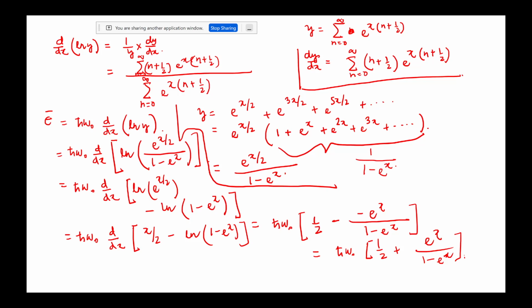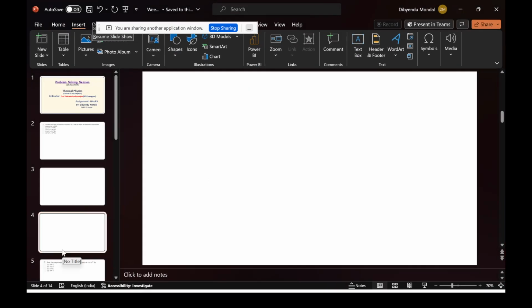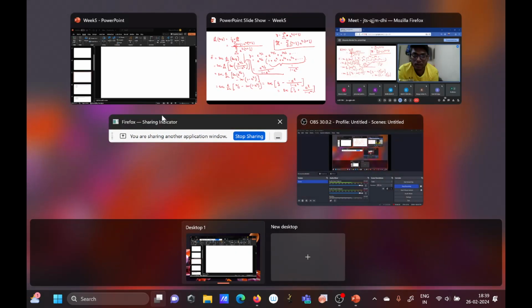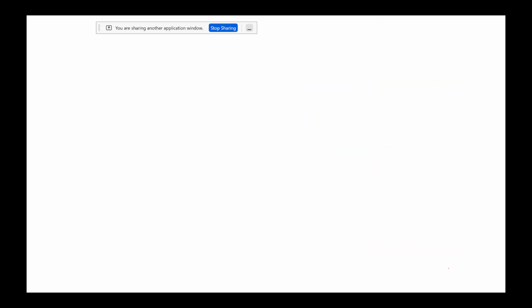Now the average energy we have just calculated, we didn't calculate the specific heat up till now. Okay, so now we'll add one more slide. So this is the last value that we got. Okay, so here we will write this.